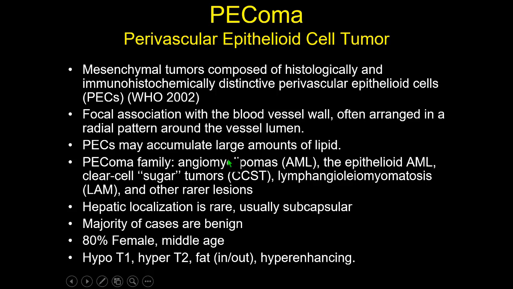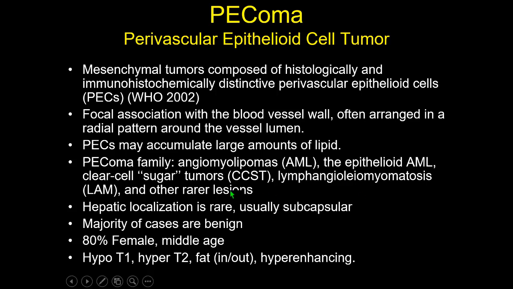That's why angiomyolipoma is part of the PEComa family. The more rare epithelioid angiomyolipoma is part of the PEComa family, and other really rare clear cell sugar tumors, never heard in my life, or lymphangioleiomyomatosis in the liver is part of the PEComa, and even other rarer tumors.